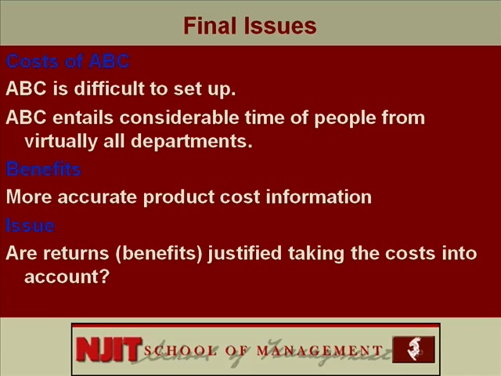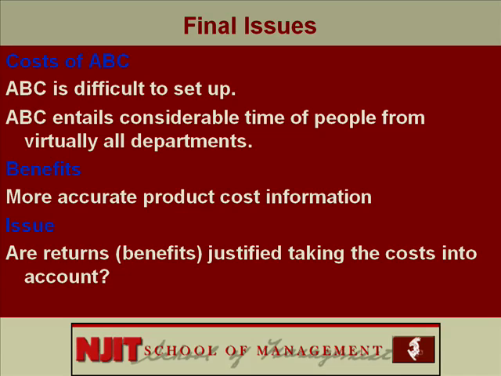If the answer is yes, it is a big deal for us getting more accurate product cost information, and it's such a big deal it outweighs the cost, then what you do, go with ABC. But the answer is it really depends on the company.